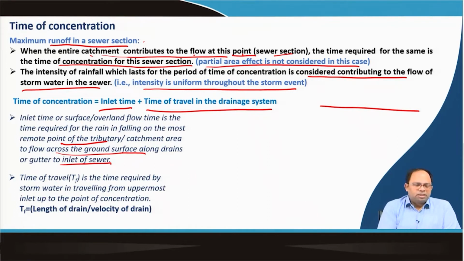Okay? So, this time of concentration is both inlet time, that is the overland flow time of water, plus the time it takes for the water to travel from the first inlet to the inlet which we are considering now. So, this is determined based on length of drain divided by velocity of water in the drain.